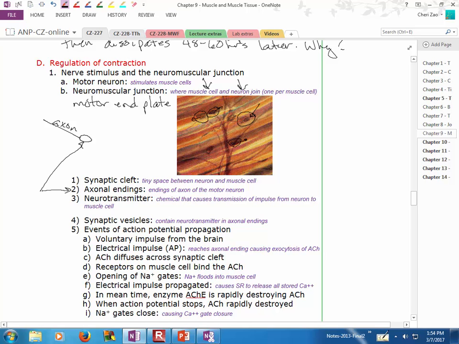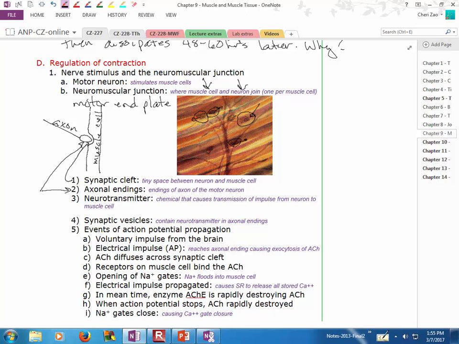The axonal ending is almost coming into contact with a muscle cell, and I'm going to draw my muscle cell like this. They are so close together that it looks like they're touching, but there is this little space between them. That's called the synaptic cleft. A tiny space between the neuron and the muscle cell, or the axonal ending and the muscle cell.